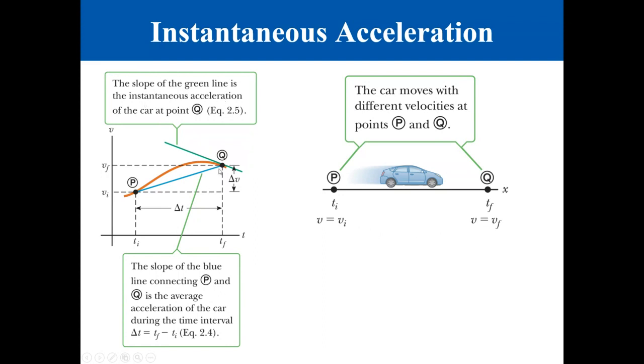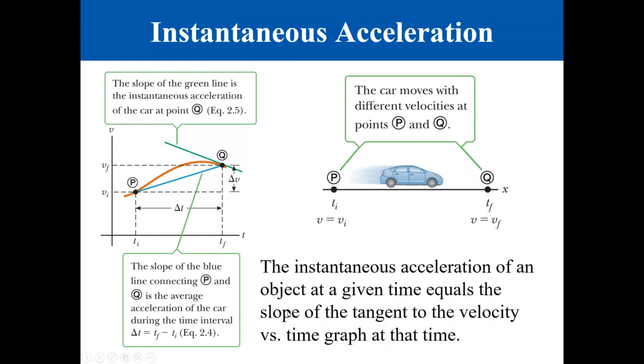While the blue line here is for the average acceleration because it deals with initial and final values, distinct points, distinct times. The slope of the blue line is the average acceleration. So you take delta V, the change in the velocity, divided by delta T, the change in time, and you get the average acceleration for this motion.